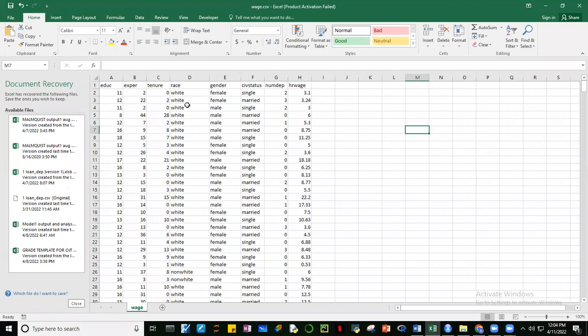So di ba ito guys si white, no? Ito si white. So ang gagawin ni R, and even sa Excel guys, one will have to be replaced by 1 and the other one should be replaced by 0. Okay, so ang tanong, ano ginagawa ni R na 0 or 1? Alphabetically guys, si non-white at saka si white, no?